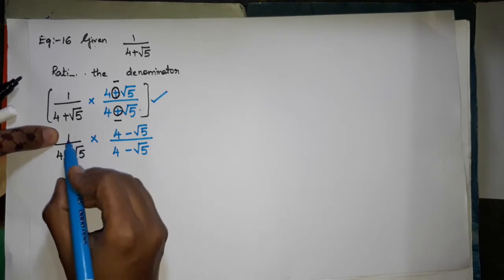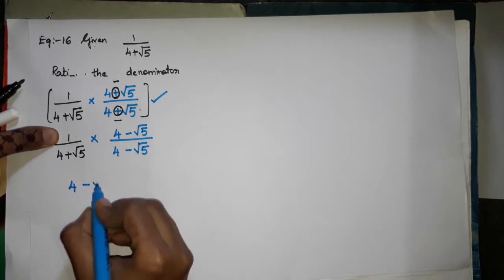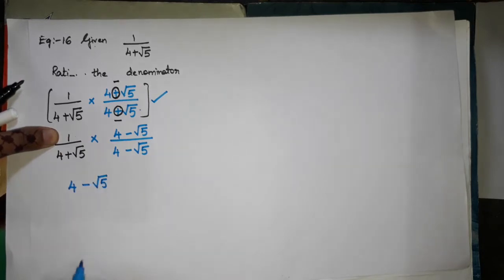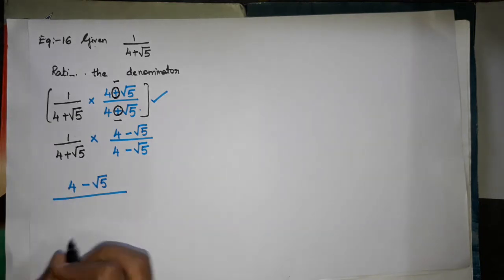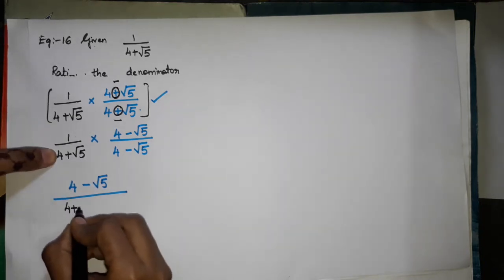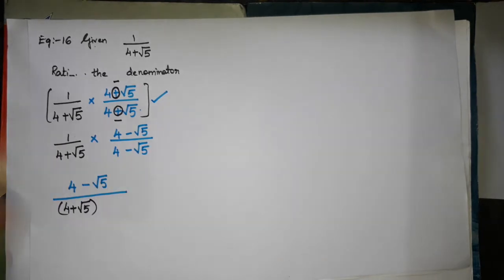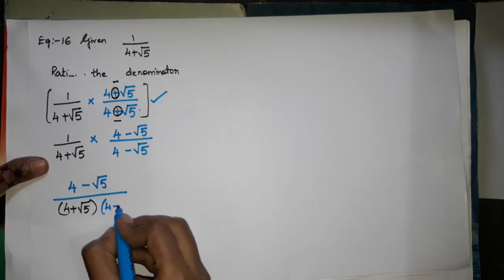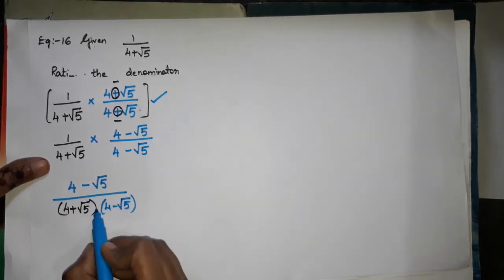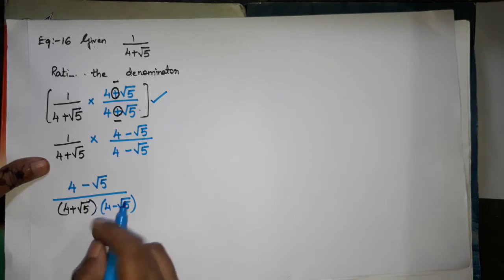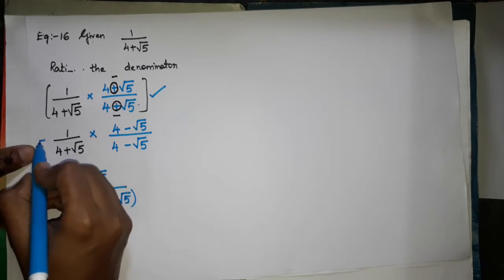Now 1 into 4 minus root 5 will be 4 minus root 5 as it is, divided by, see here, what is the number? Already it is 4 plus root 5, and here it is 4 minus root 5. As they are in multiplication, I can write into here, or the bracket indicates multiplication, children. This is our first step.